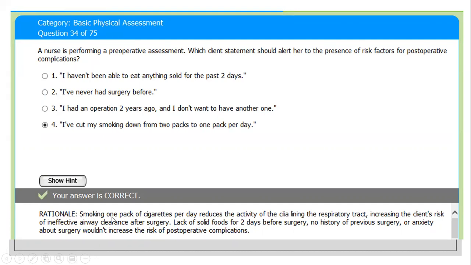The rationale: smoking 1 pack of cigarettes per day reduces the activity of the cilia lining the respiratory tract, increasing the client's risk for ineffective airway clearance after a surgical operation. Lack of solid food for 2 days before surgery, no history of previous surgery, or any anxiety about surgery would not increase the risk of postoperative complication. But smoking can, so it is good to stop.